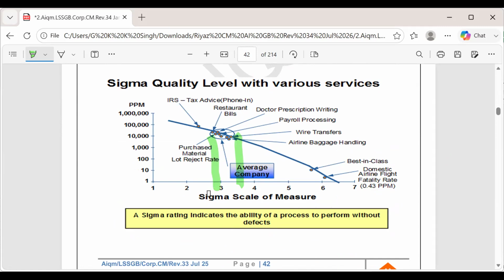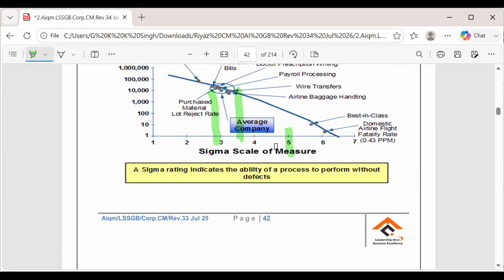But they will definitely be performing better if they are able to go to 5 sigma. At least 5 sigma is a benchmark which is considered for most organizations in terms of the performance level. The goal is to go to 6 sigma, but going to at least 5 sigma is important.